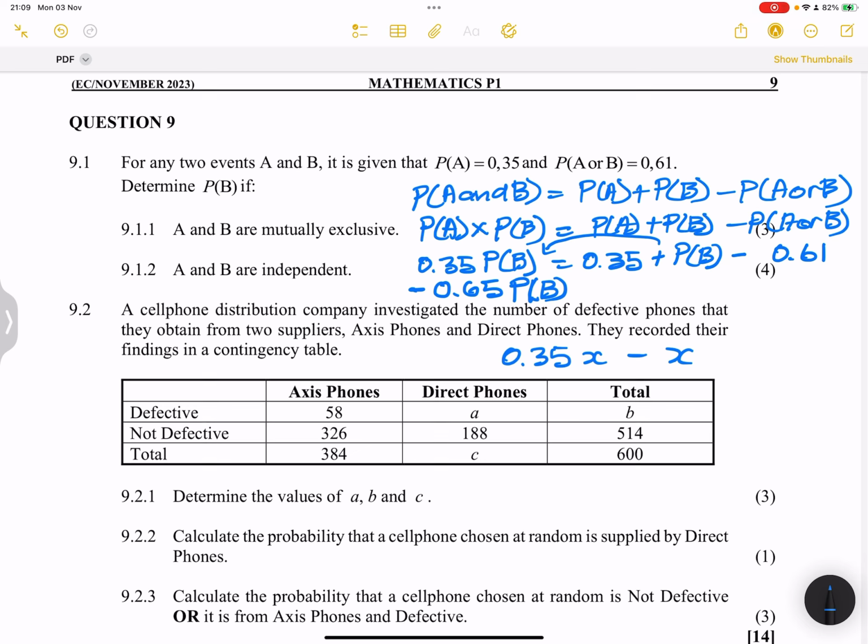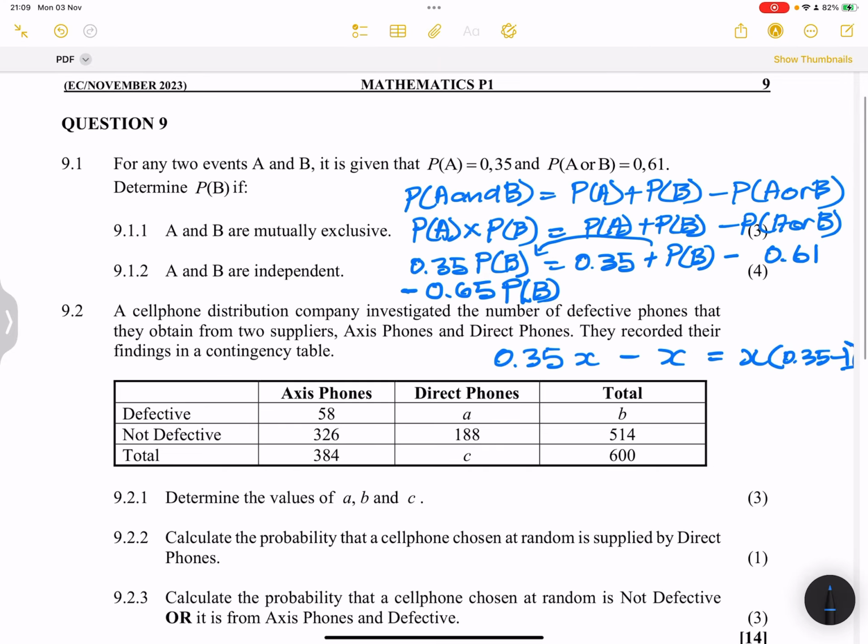If we took out x as a common factor, you'll have 0.35 minus 1, and that's how we were able to get the negative 0.65 probability of B. And then this has numbers in it, 0.35 minus 0.61.